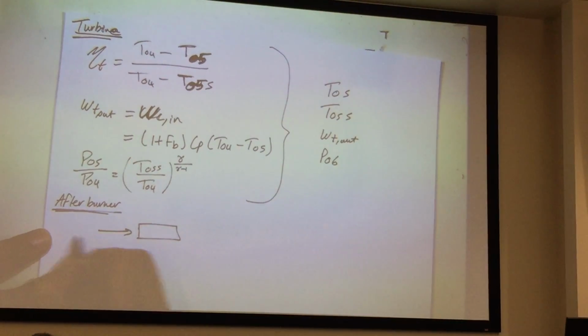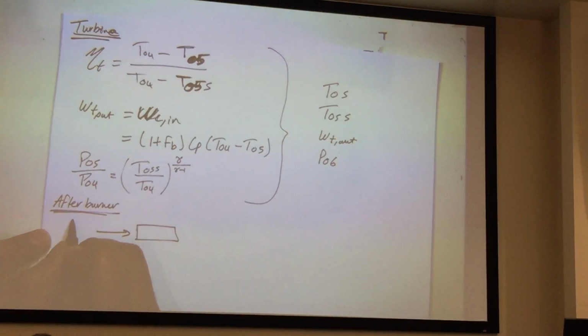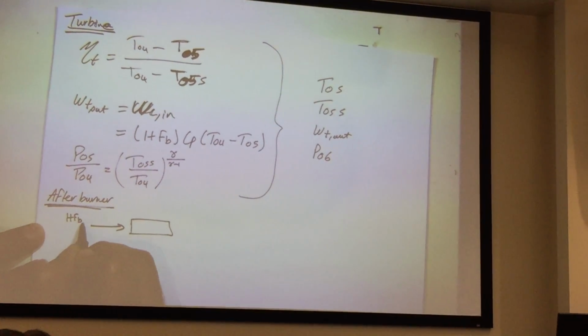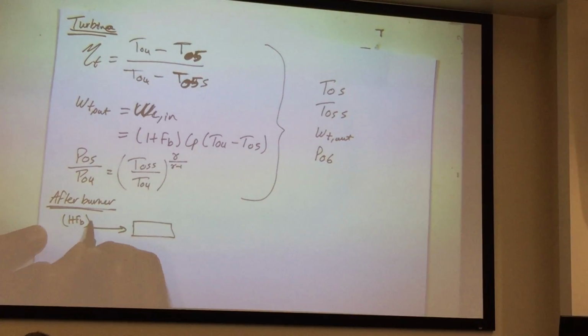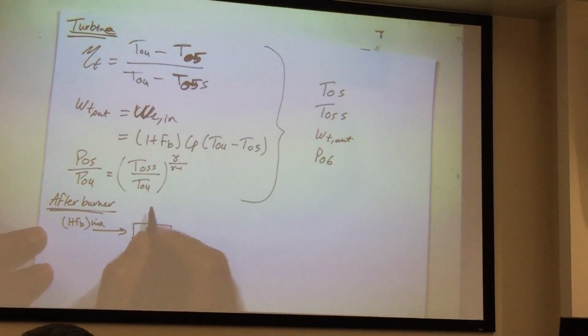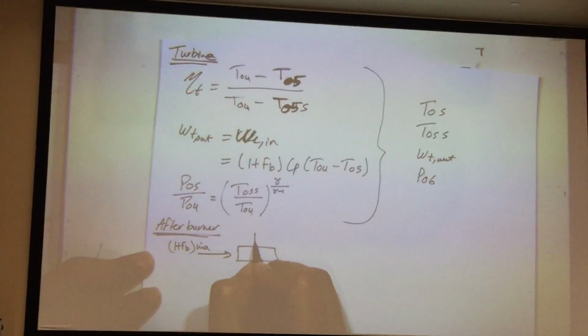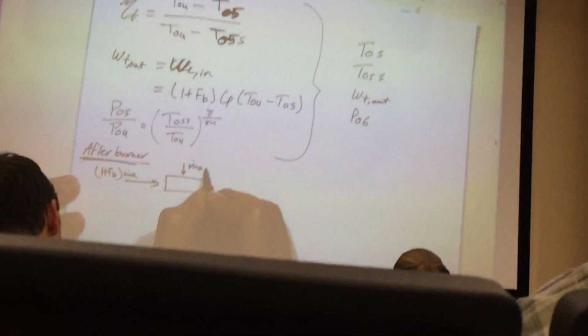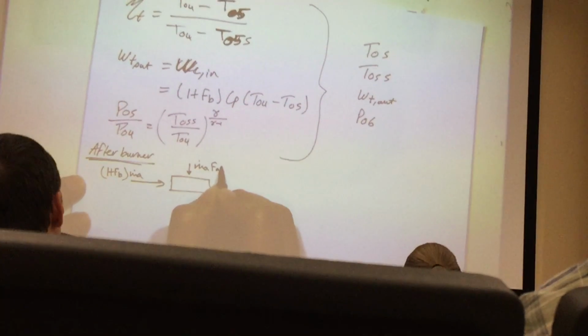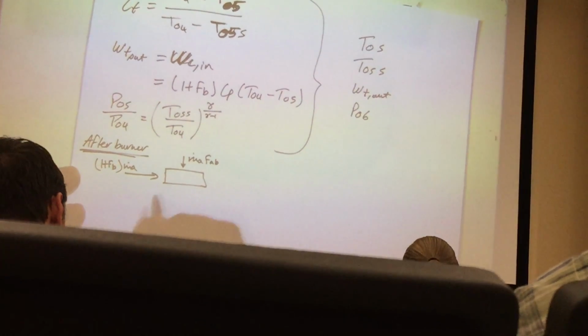I have flow that's coming at it. That flow is 1 plus the fuel-air ratio from the main burner multiplied by m_dot_a, so it's a conservation of mass. Then I'm adding some m_dot_a multiplied by f_ab, which is the afterburner.